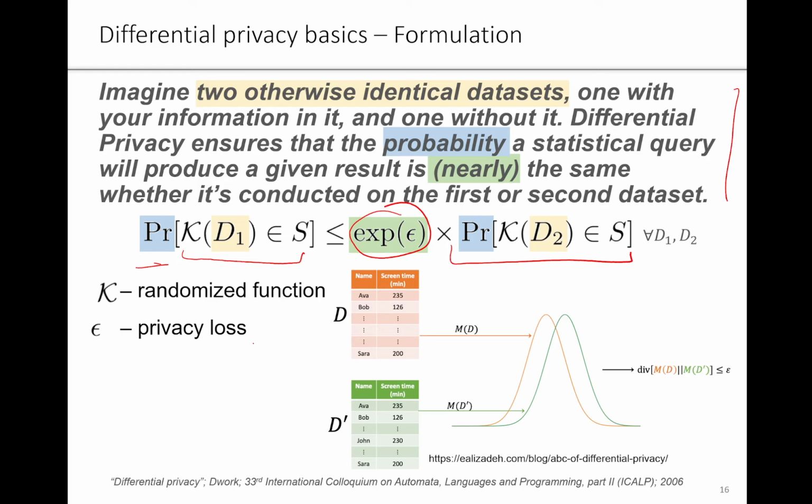So there's some kind of privacy loss. The larger the number of this factor, the more we drift apart from being equal.